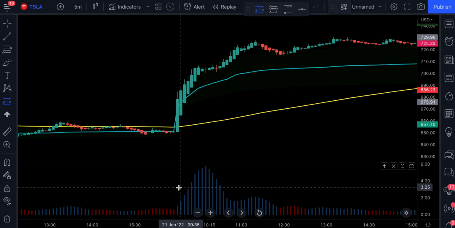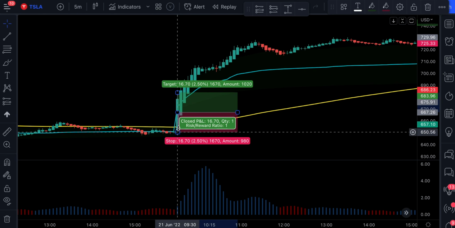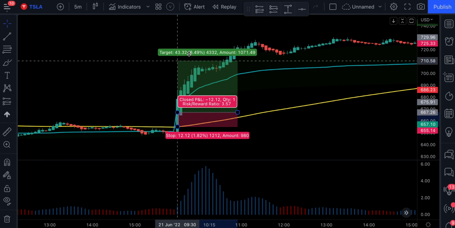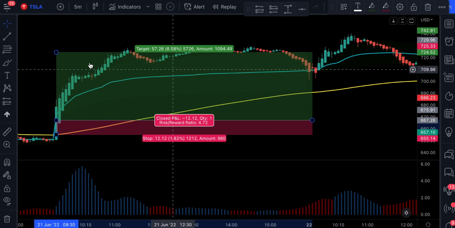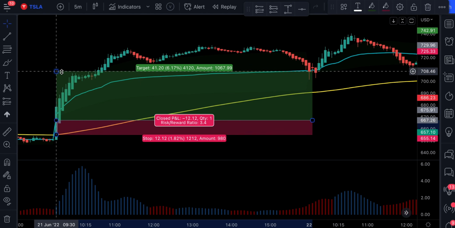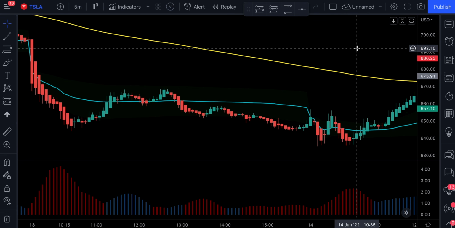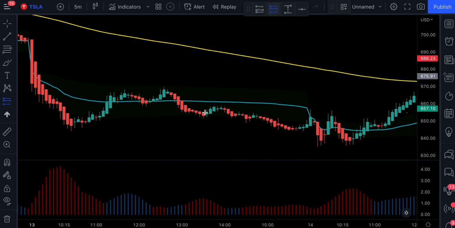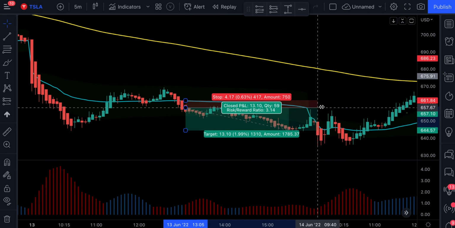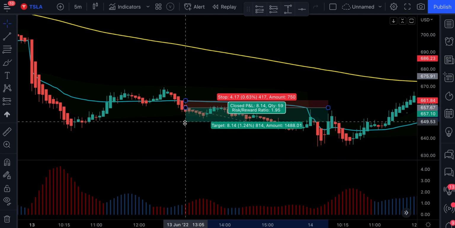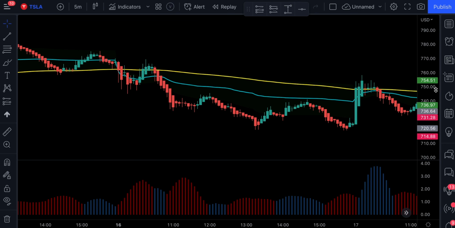Also take a look at this example. We see the risk reward can get up to 3.5 to 1. This strategy works perfectly well in a trending market and it can make you a lot of money. You can also use a fixed risk-reward ratio.